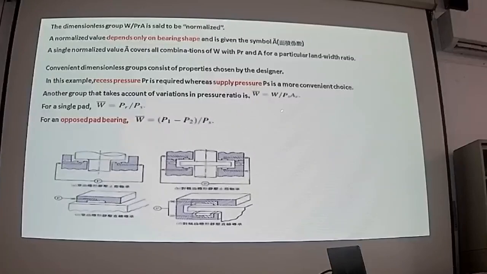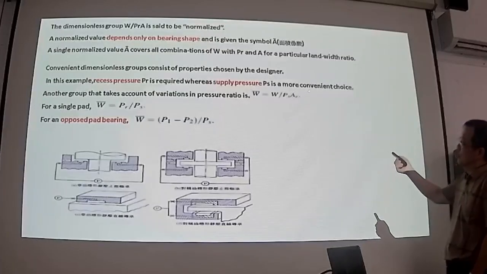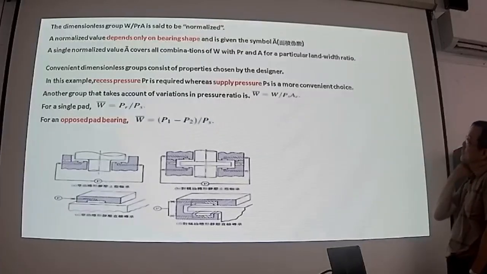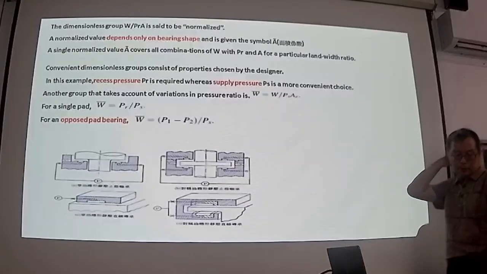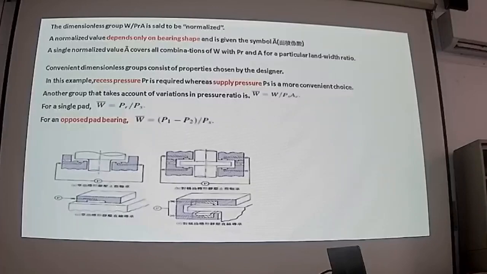Okay, it is equal to the load divided by PS multiplied by A. So here we have a dimensionless group that is normalized. 所以我们就是要把它的那个单位除掉，把它变成是无因式的形式。面积的话，我们就除以一个总面积，除下来的话，它们就是一个面积的无因式。So we have a table.